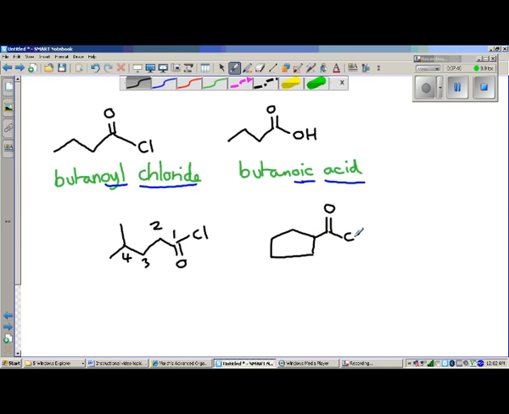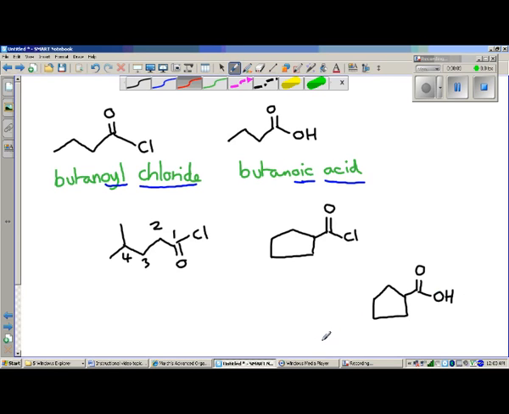The trick, as we said before, was can you name this as the corresponding carboxylic acid first, because that's a good place to start. Alright, let's see if we can remember how we name this. What's the name of a carboxylic acid with a 5-membered ring as the parent chain or parent ring?